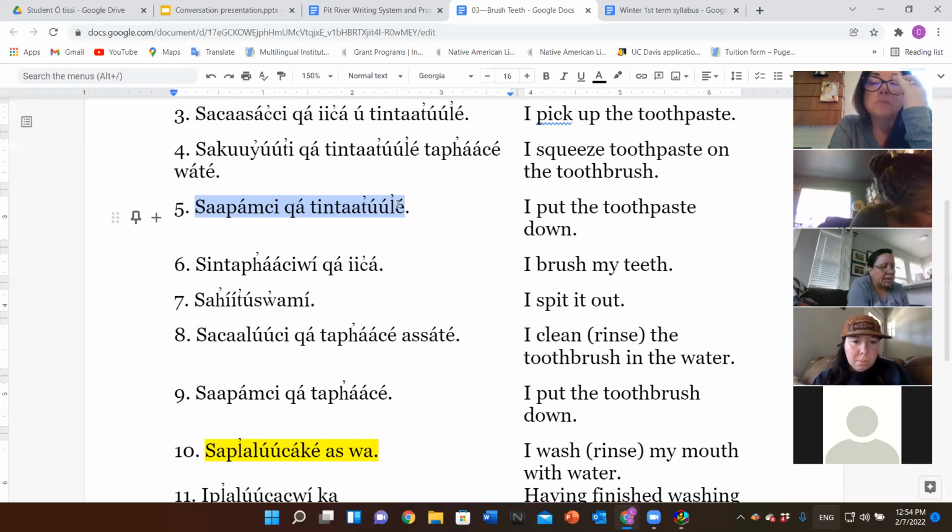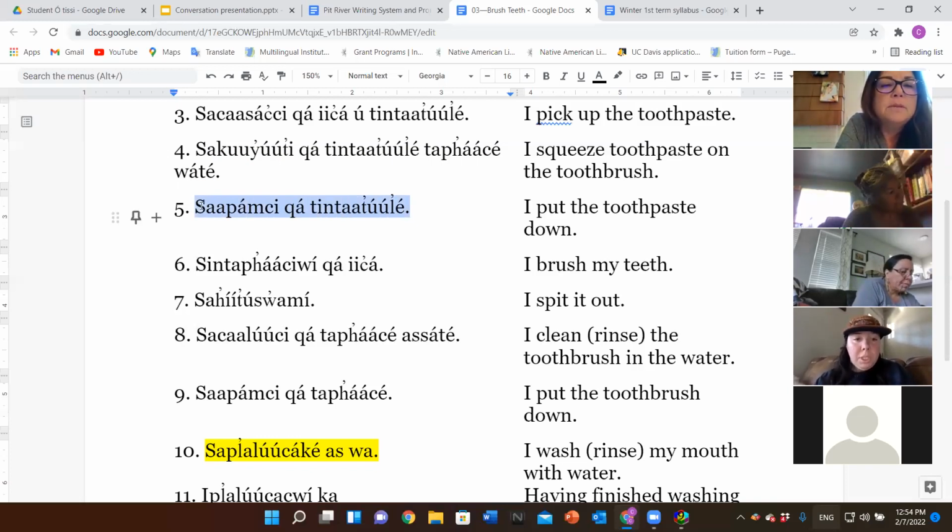Is it sa or sa? Sa, low tone. Sa pamji. And it's a long A because you've got the two A's here, right? Sa pamji gadinda tule. Okay. Letty, sa pamji gatinta tule.